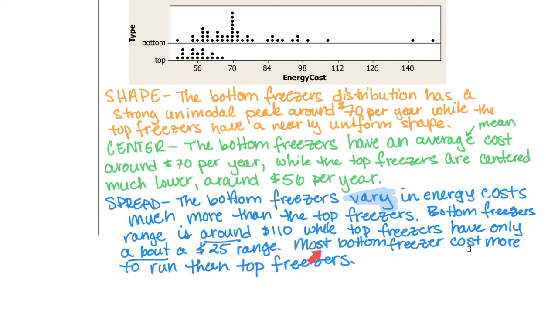But the kicker here is most bottom freezer costs, freezers, I should forget the S there, freezers cost more to run than top freezers. So let's take a look at this.